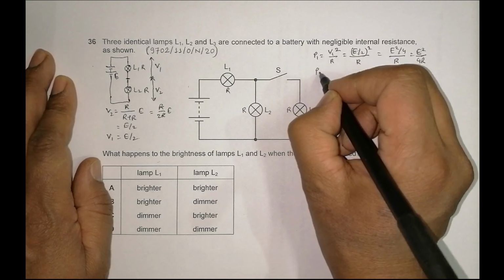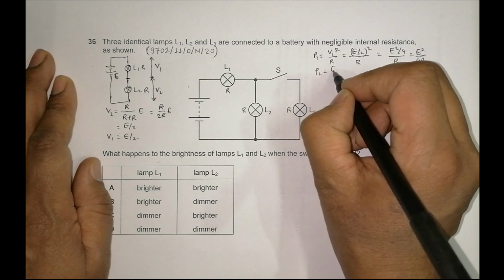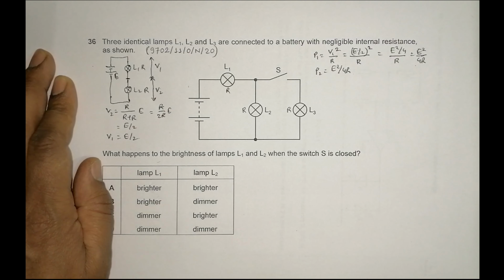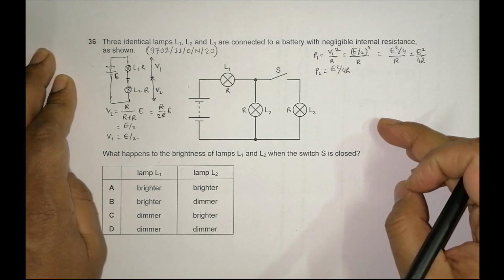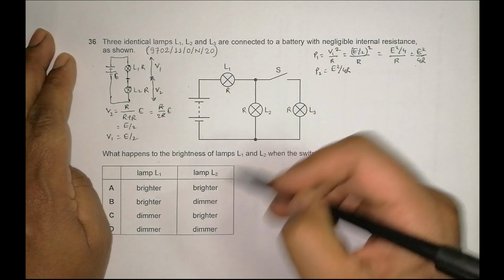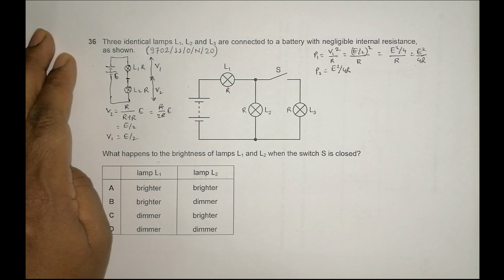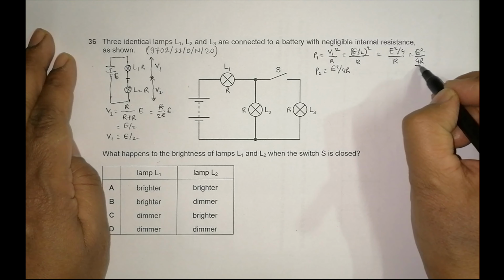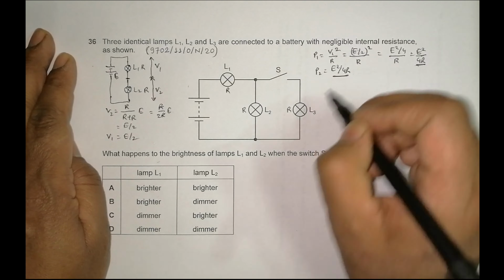So this gives us power 2 is also equal to E squared by 4R. So first we got the formula for the power consumed by each of the lamps L1 and L2, and both of them are consuming the same power, which is equal to E squared by 4R. So let's take care of this.